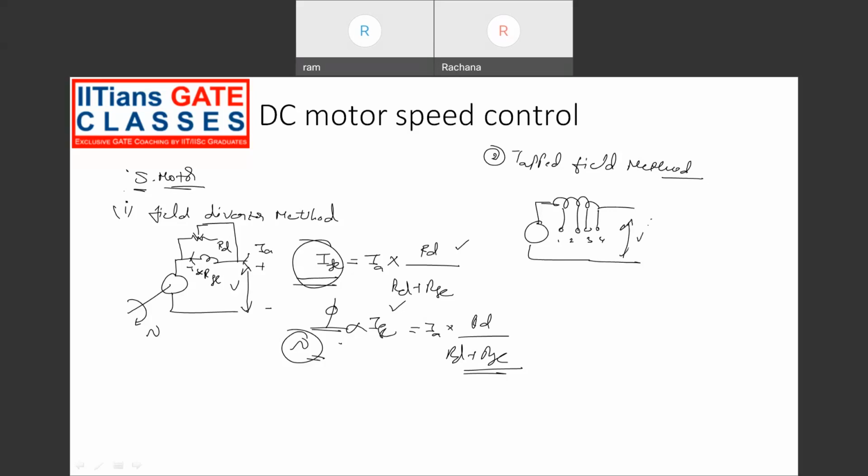By selecting the tap position, I can control the number of turns in the field winding, and thereby the flux can be controlled. Flux, or MMF, is the product of N and the current flowing through the field winding. So by controlling the number of turns, I can control the flux.